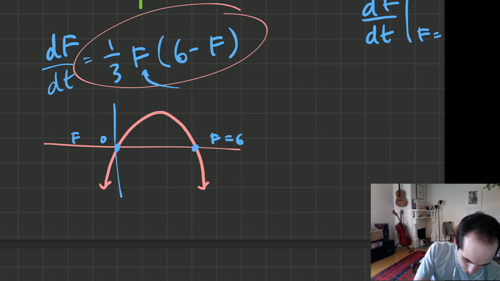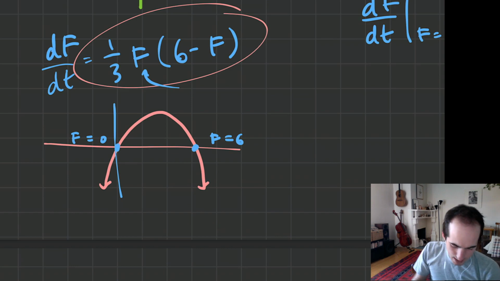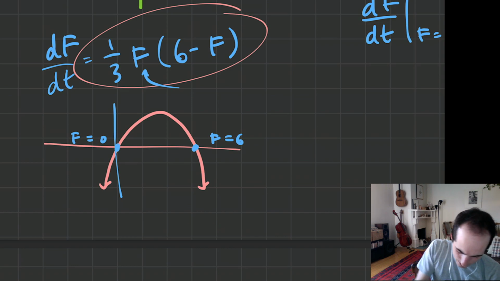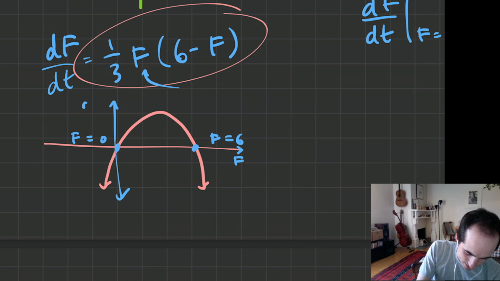In this graph I've drawn, this axis is the f axis, and this up and down axis is the df by dt axis.